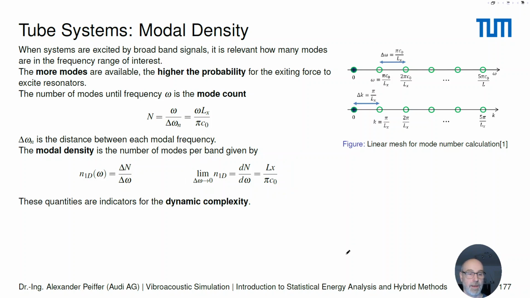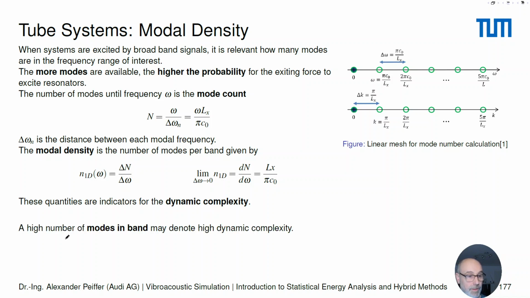Good. Again, why do we need this modal density? It is an indicator for dynamic complexity. So the more modes we have in one frequency band, the more complex is our system.